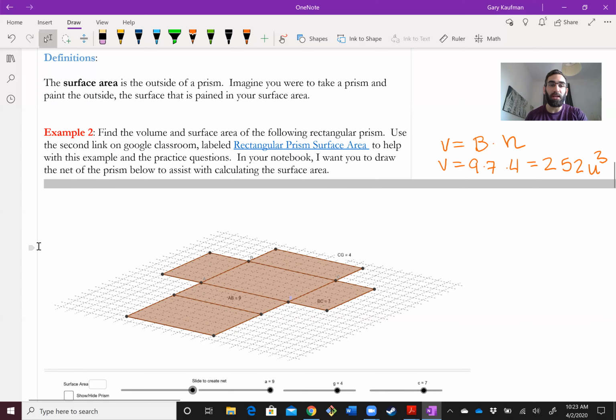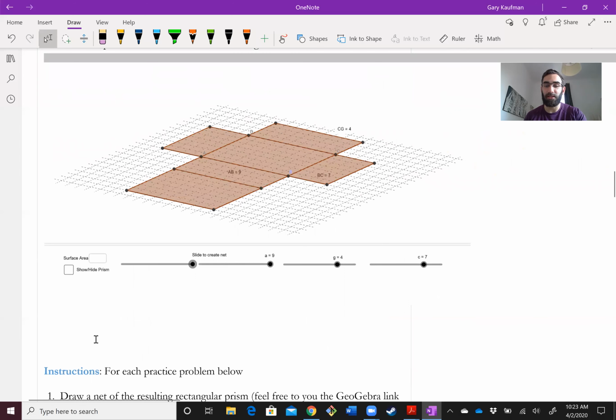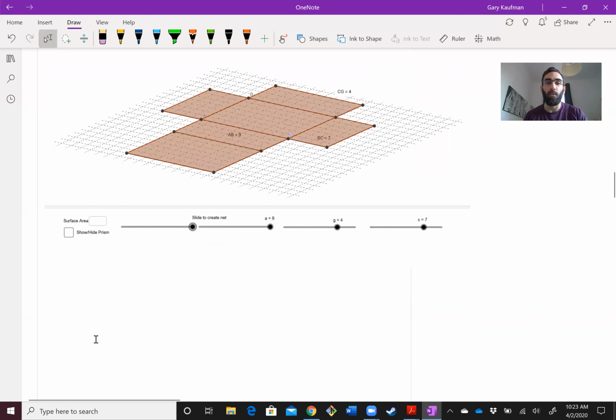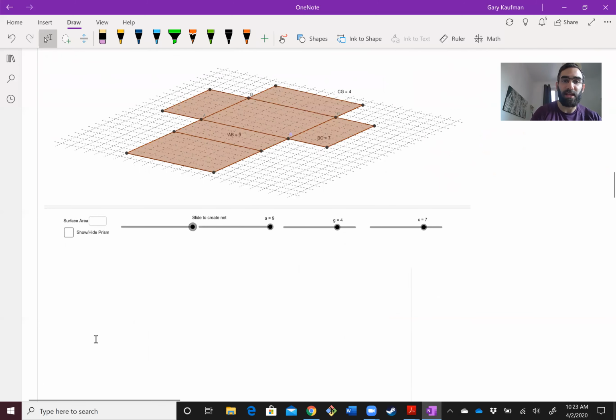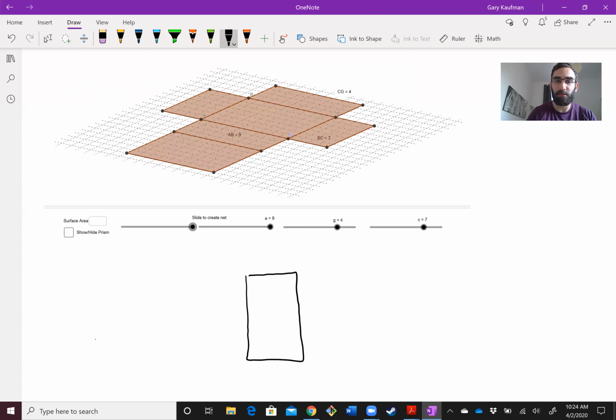So when we're taking a look at this, I think to myself, okay, what is this made up of? Well, we now have this net, and I'm going to redraw this net. So I have what was my base. Oh, actually, I'm going to draw it like this. So this was my base, which was 9 by 7.